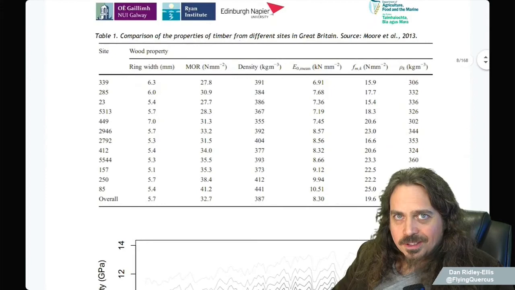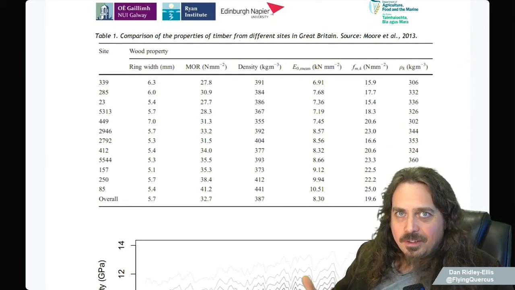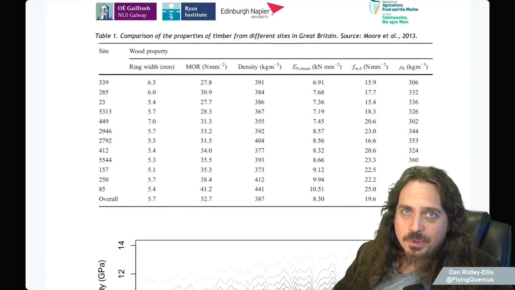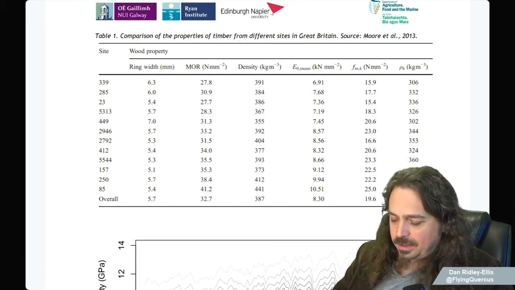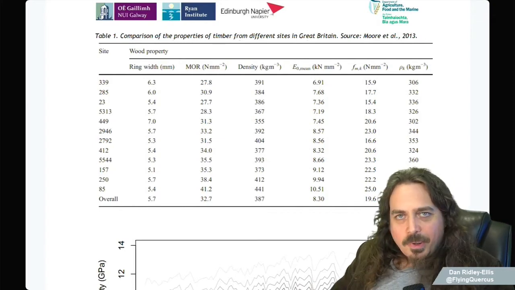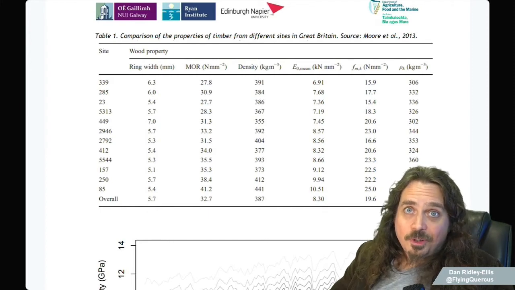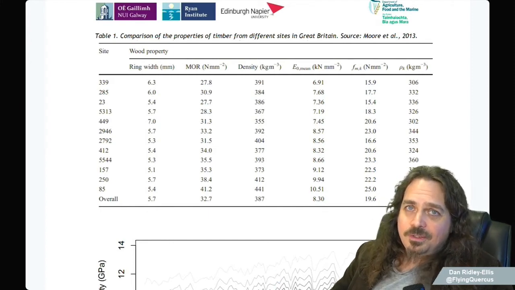Now we know from other studies that we've done that there is this quite significant variation from site to site in terms of wood density and timber quality, timber stiffness. So it's not surprising then that you would see shifts in resource quality from production shift to production shift as you process timber from different sites, different stands.